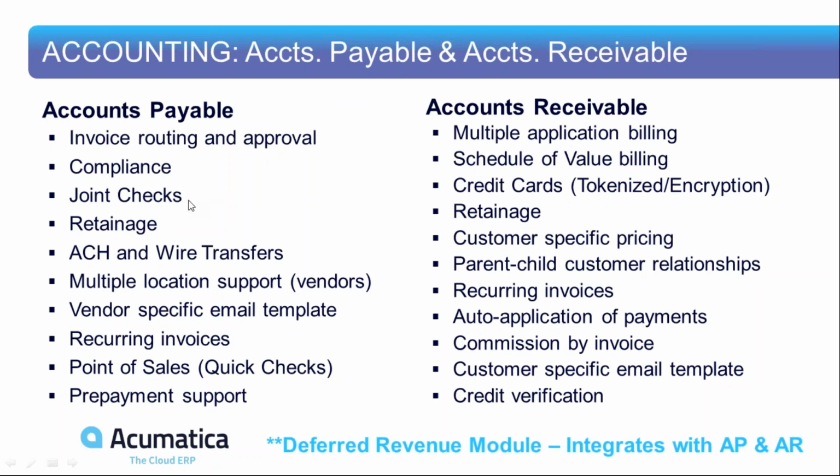AP: invoice routing, construction orientation, joint checks, retainage, compliance capabilities built in here. We have point of sale. So if you have a shop or a back warehouse where you sell, we have capabilities to do that as well. Get over to AR: credit cards, schedule of value billing, time and material billing, quick billing, all that's available.